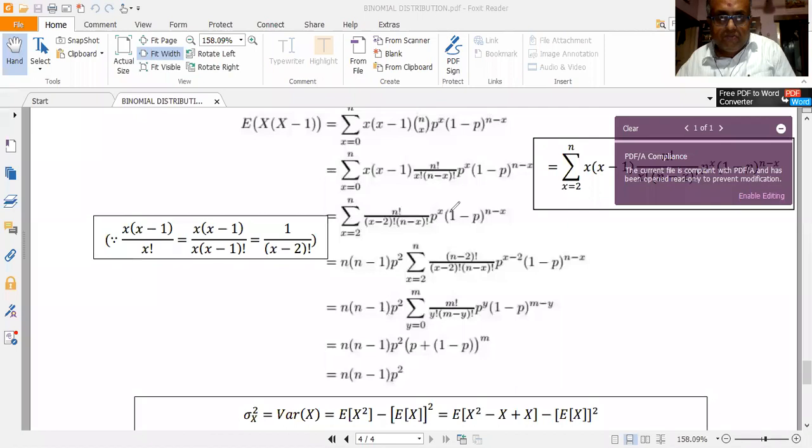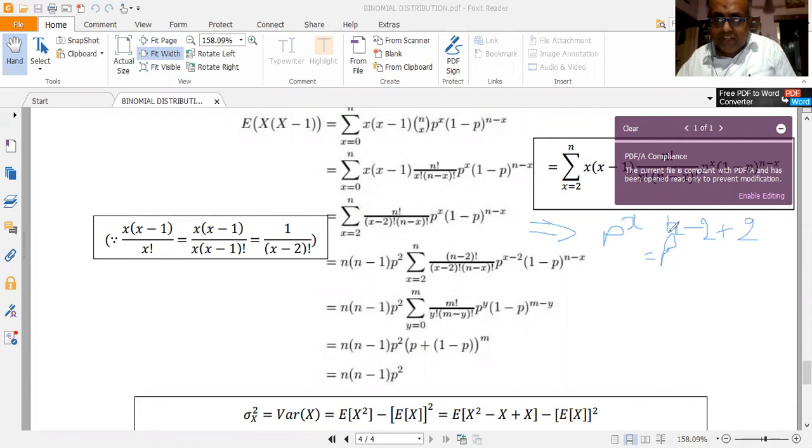See what I am going to do. P to the power of x, I am writing as add and subtract 2 in the power corresponding to p. So p to the power of x minus 2 plus 2 I am having.